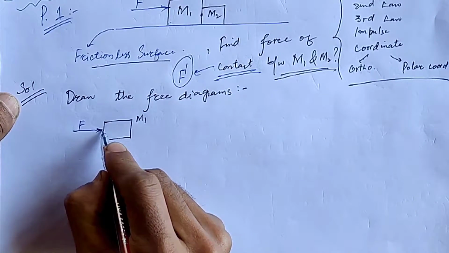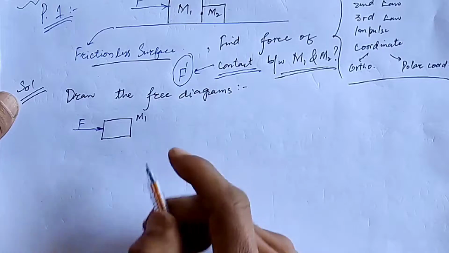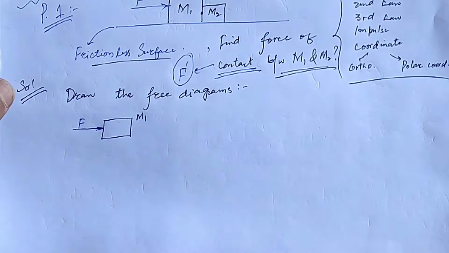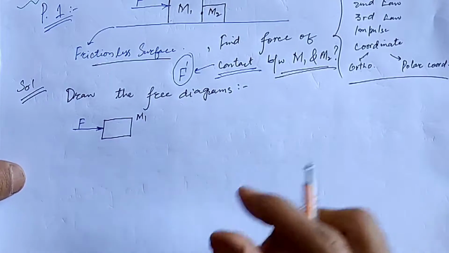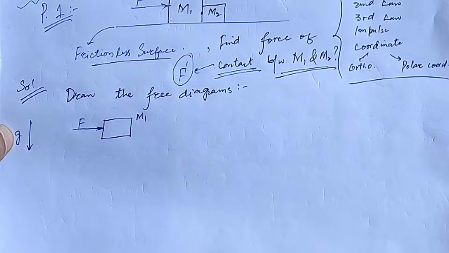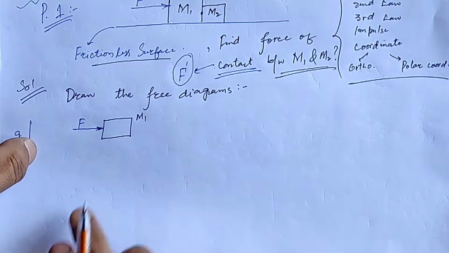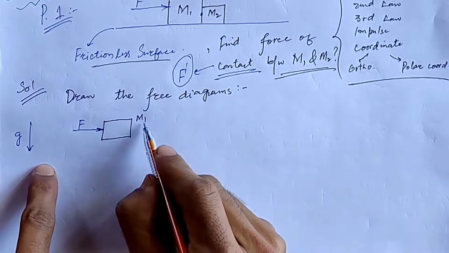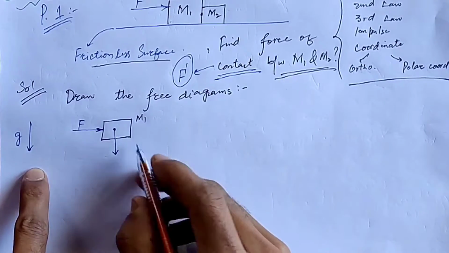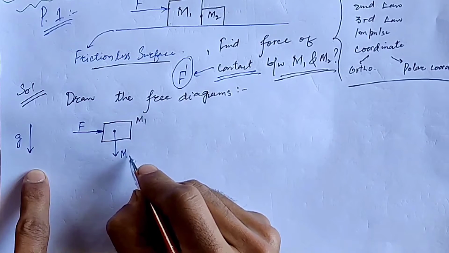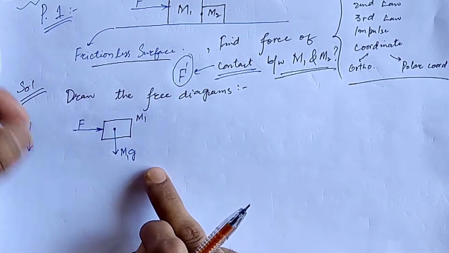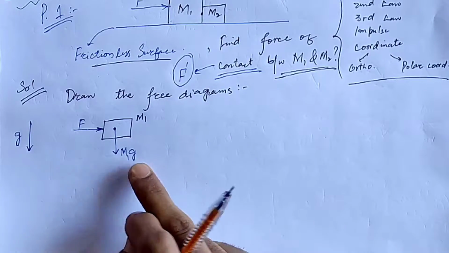So this is the force F acting on it. Another force, since it has mass m1, there will be a downward force exerted by gravity, the gravity of the earth. Gravity is always downwards, so this body must possess some weight, and that weight will be the downward force equal to m1g, the mass of the body m1 multiplied by gravity.